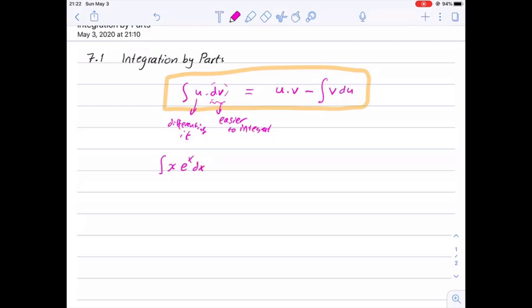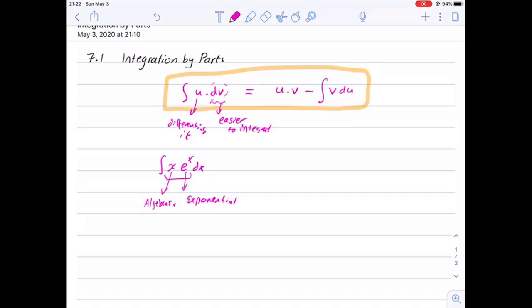As we can see here, the integrand consists of two different classes of functions. x is an algebraic function, like x squared, x minus 5. All these polynomials are called algebraic functions, and e to the x is called an exponential function. Those are two completely different functions.